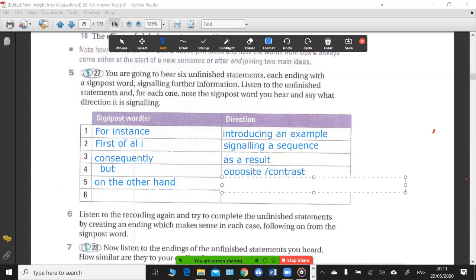Opposite, signaling contrast or opposite. All right. Now we move on.